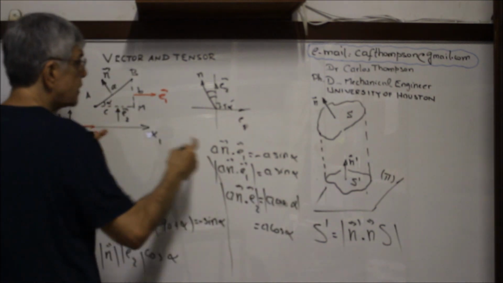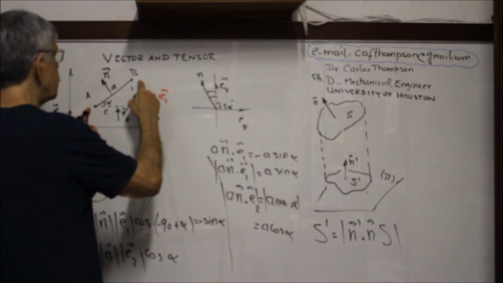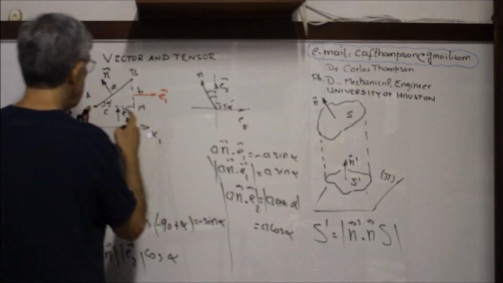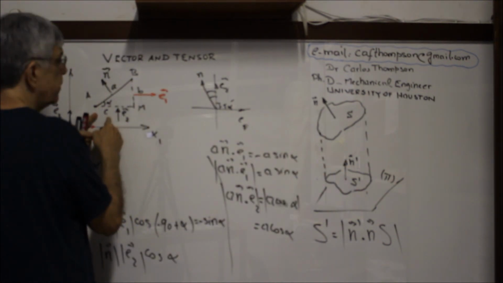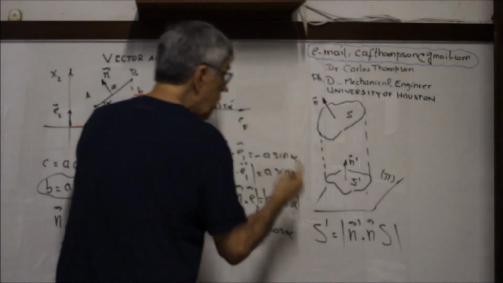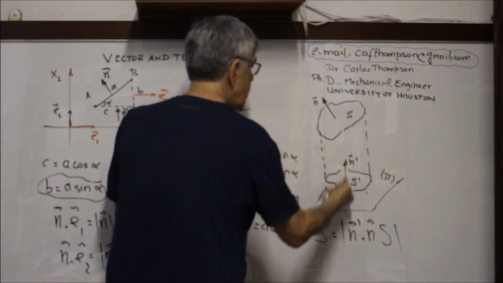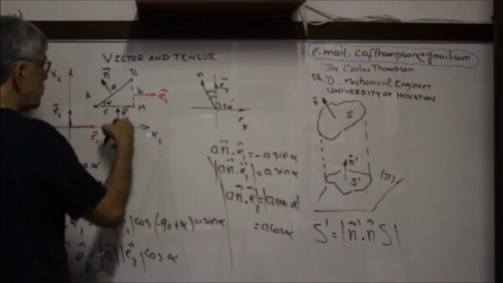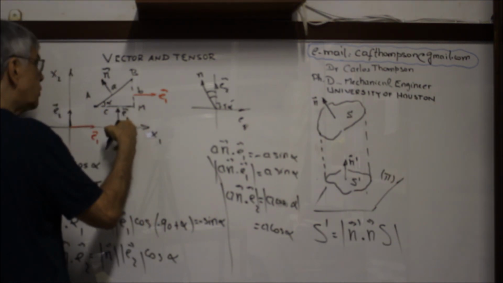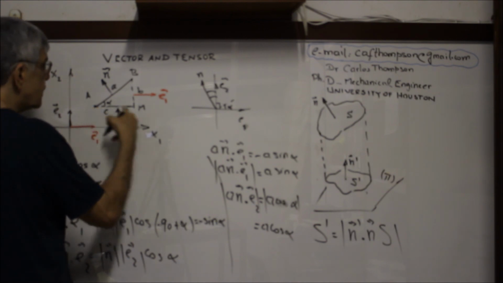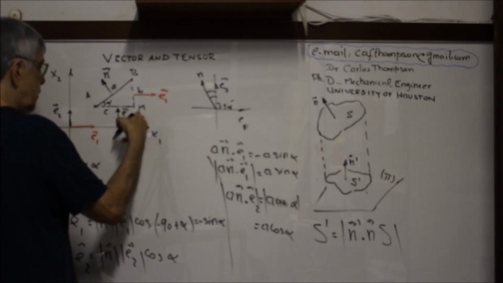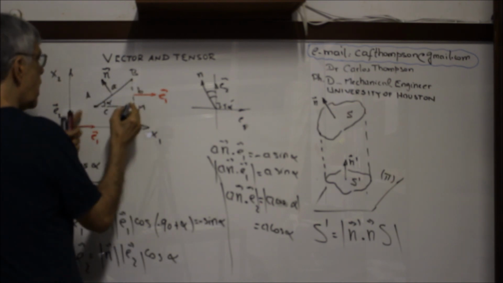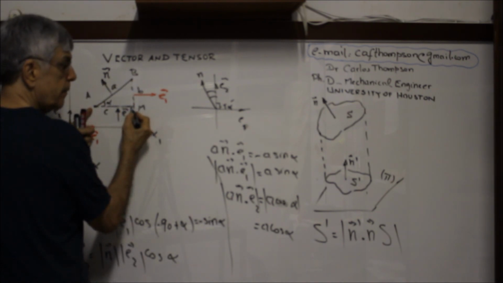Substitute S by the segment AB and substitute S prime with the segment C. What is the normal to this segment here? It's E2. If I take the dot product with the normal of this segment, the normal of this area, I get the projection.